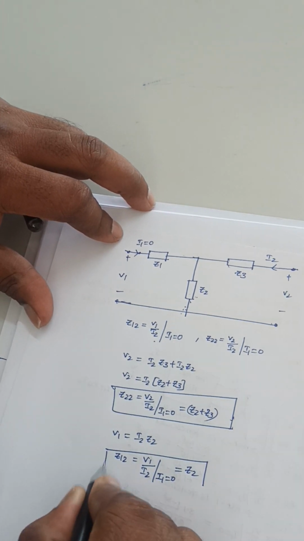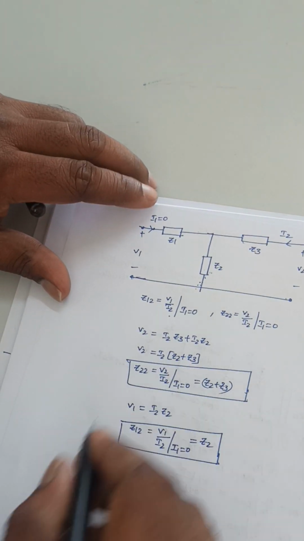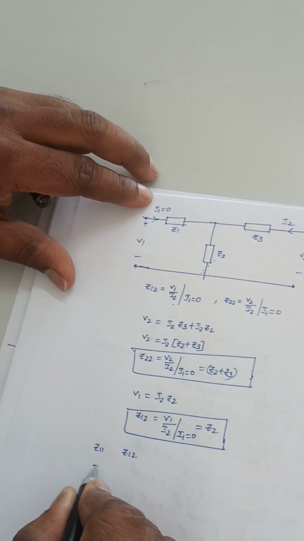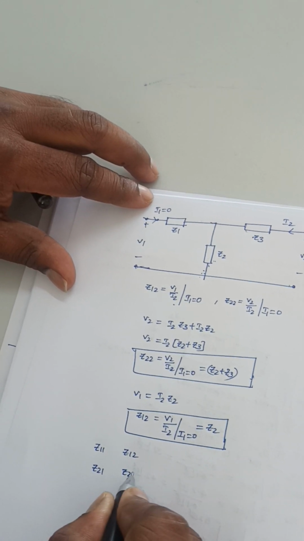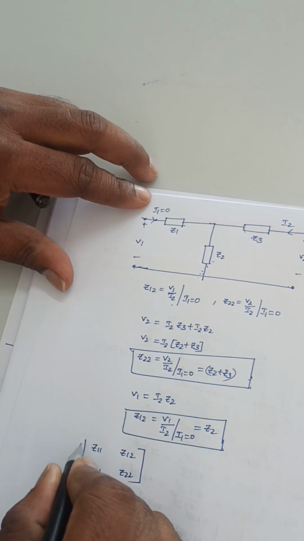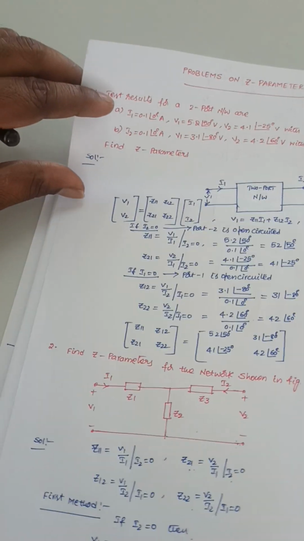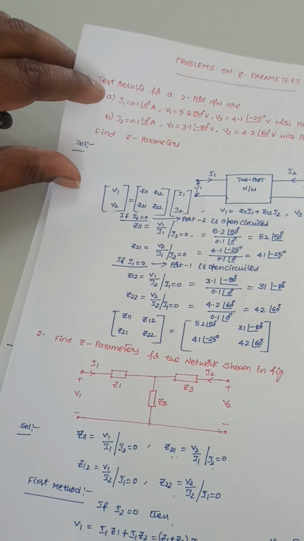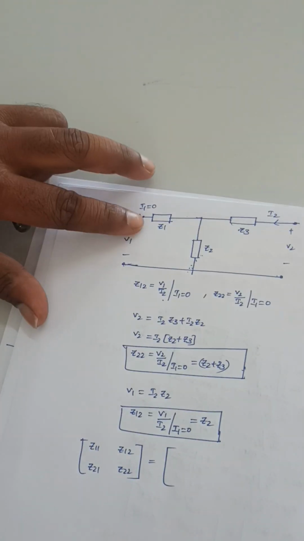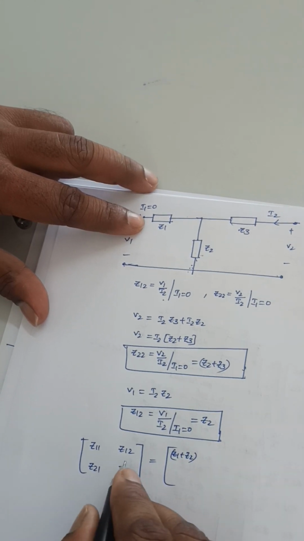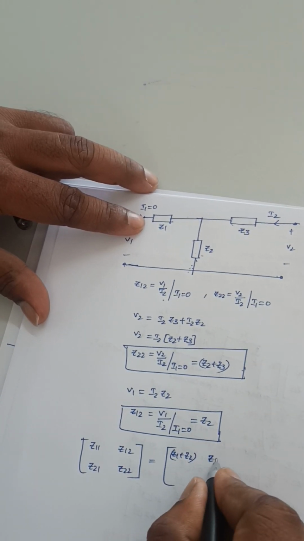So now the Z parameters for this type of network, Z parameters Z11, Z12, Z21, Z22: the Z11, just now we calculated this Z11 as Z1 plus Z2, and this Z12 is Z2.